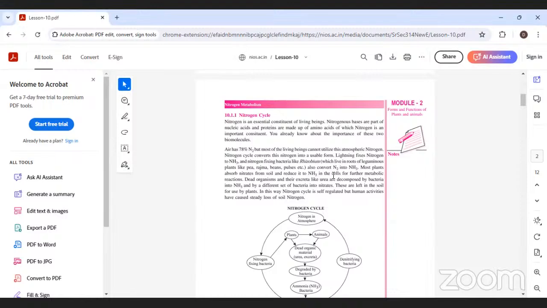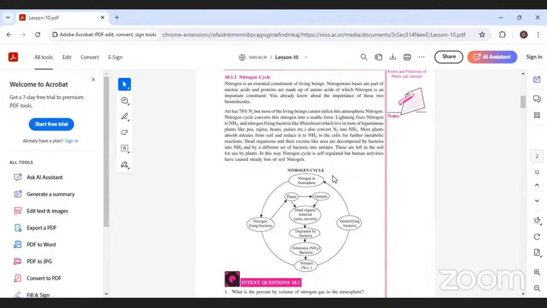On their death they leave free nitrogen compounds which can be utilized by other plants, especially green plants. Nitrosomonas, a soil bacterium, oxidizes ammonia to nitrite.